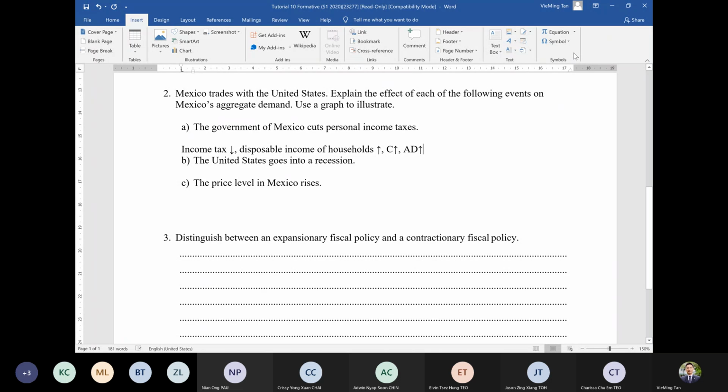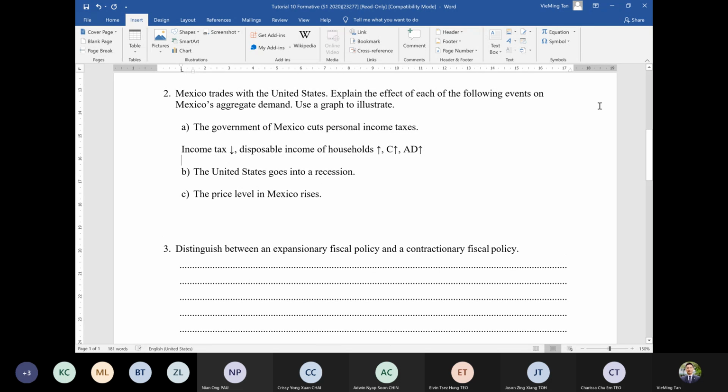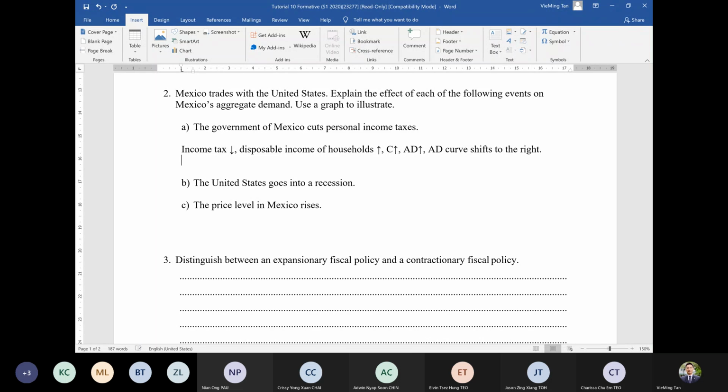If AD increases, that means the aggregate demand curve will shift to the right-hand side. Okay, so this will happen in Mexico. Any questions so far on this?